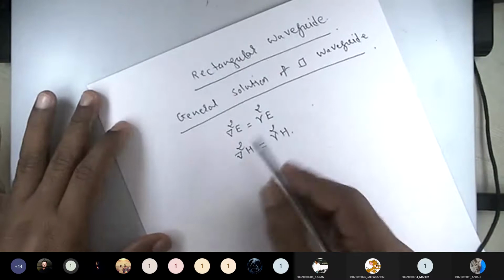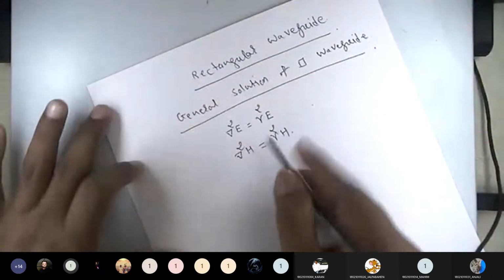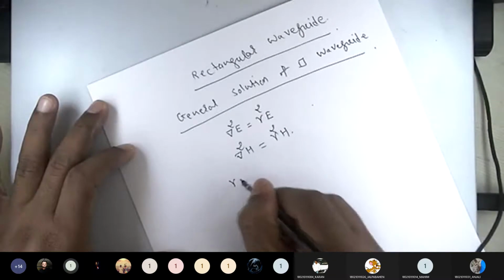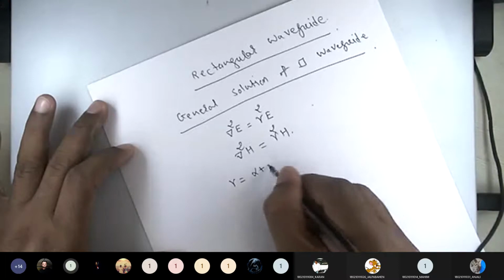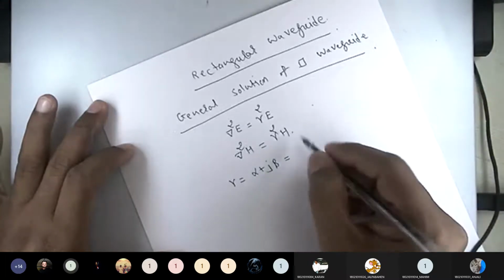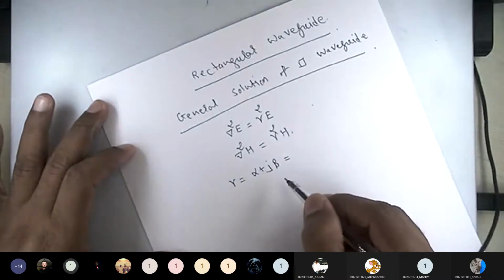Okay, so here we have seen that these E and H that we are looking for are nothing but the electric field and the magnetic field, and here gamma is the propagation constant, which is a complex number consisting of alpha and beta, where alpha represents the attenuation factor and beta represents the phase velocity.